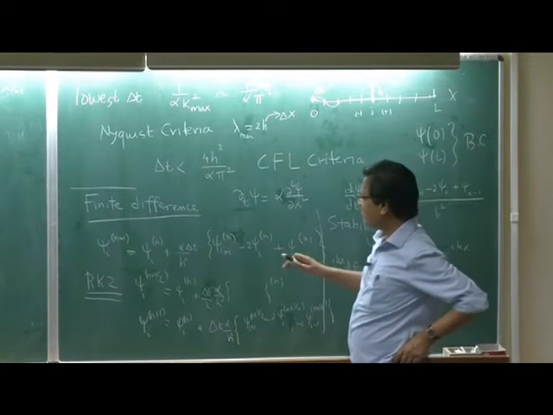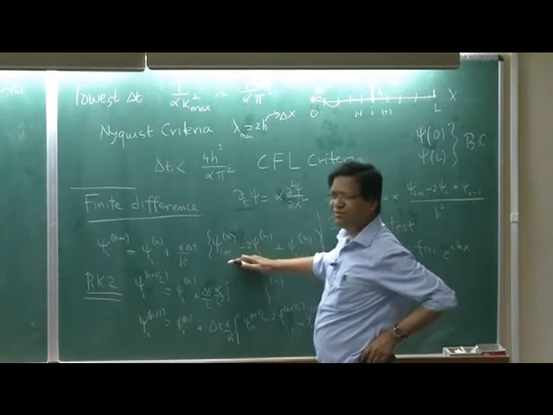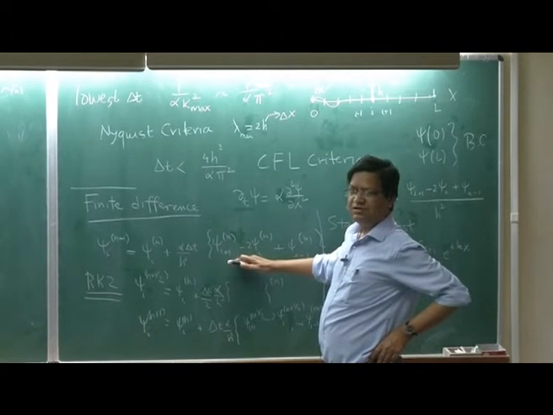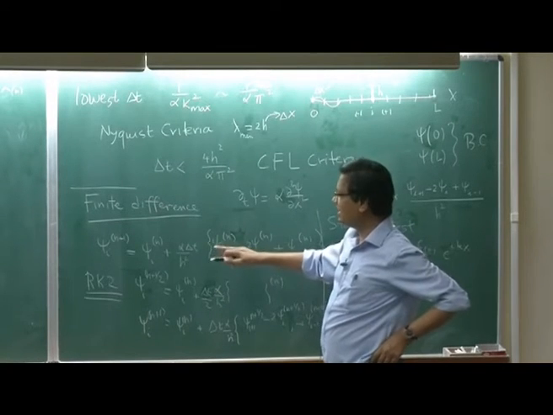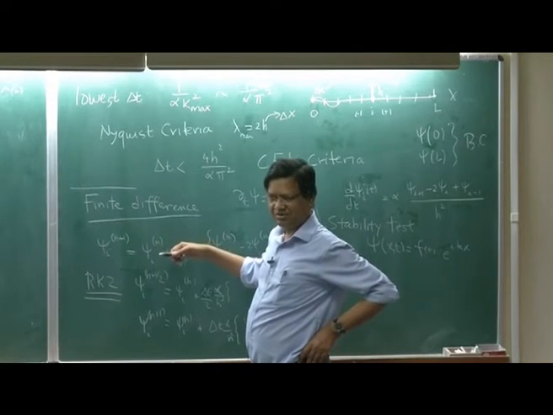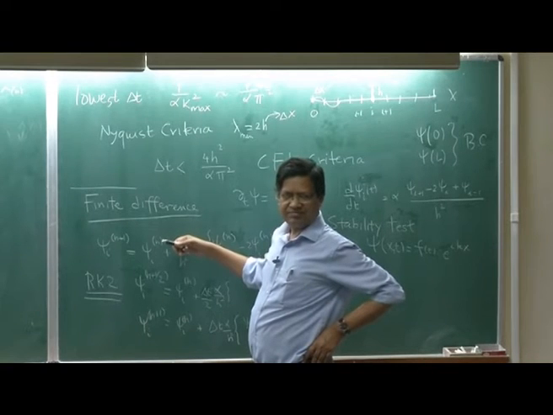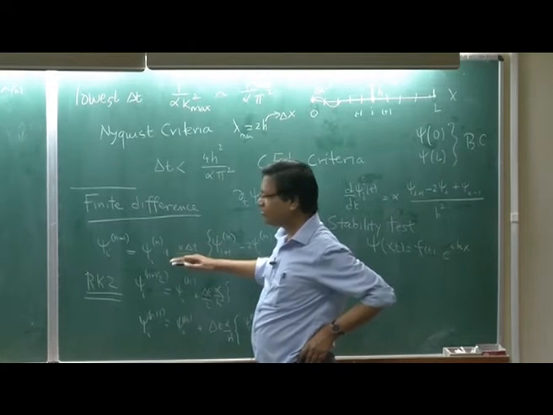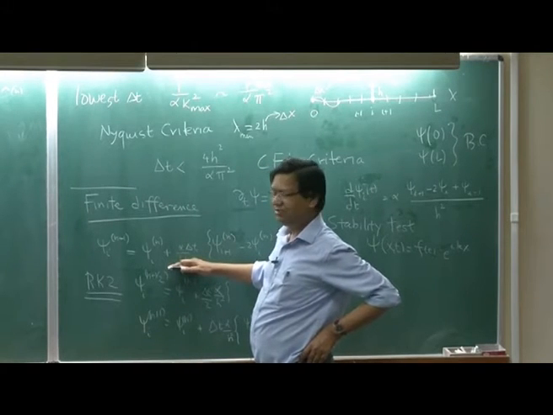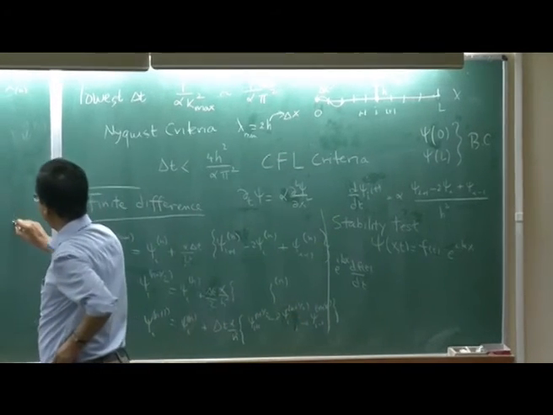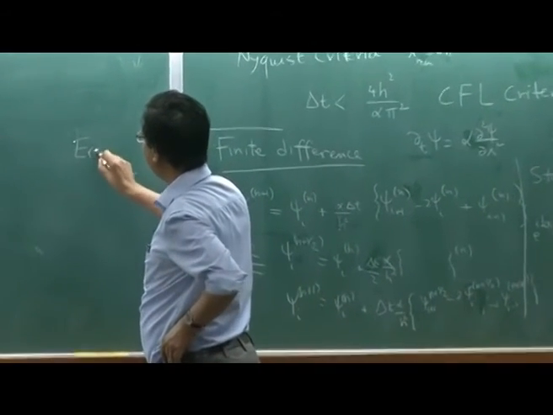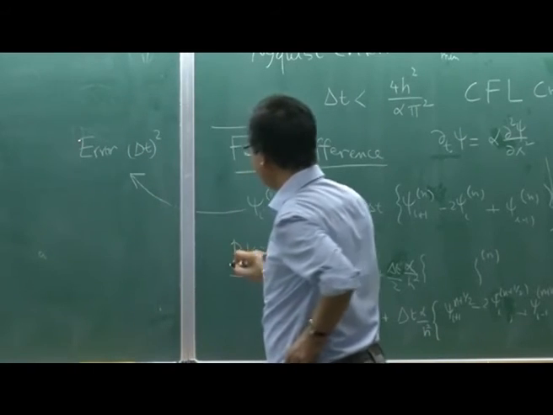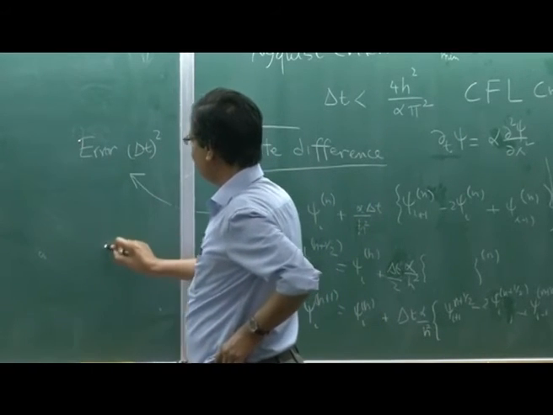Okay. Now what is the time accuracy for the Euler scheme? This scheme. The time accuracy will be delta t squared here, because this is first order in time, this is delta t. So the error per step is of the order of delta t squared, and here the error is delta t cubed.